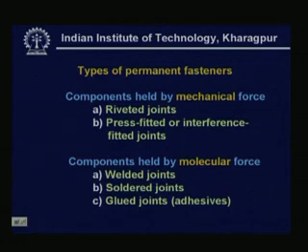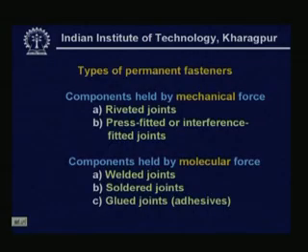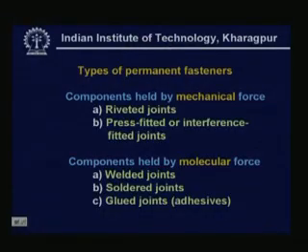There are two examples. One is the riveted joint, which will be the subject matter of today's lecture. The second is the press fitted or interference fitted joint. This will be taught in somewhat more detail later, but here the purpose of the joint is that we press one part into the other and make a permanent joint.